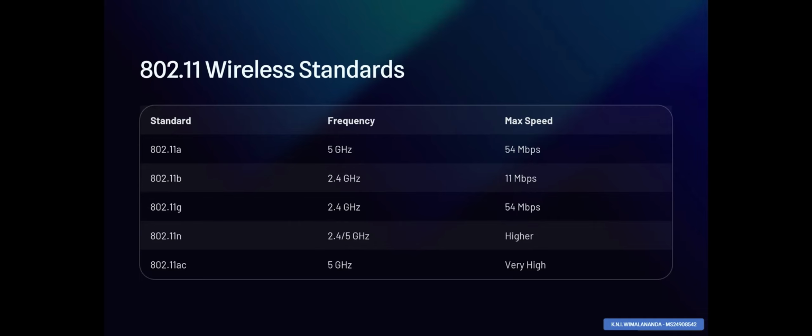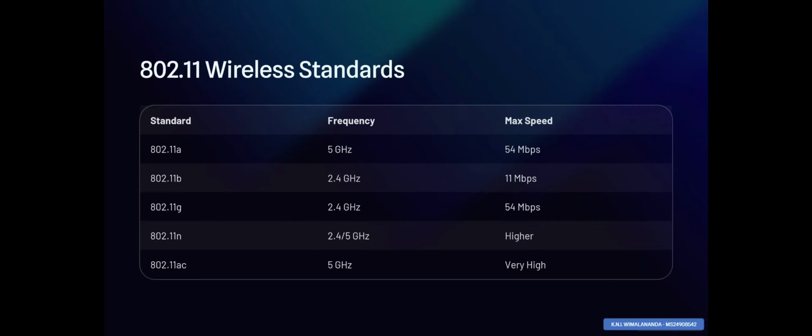802.11b uses the 2.4 GHz band with speeds up to 11 megabits per second. And then 802.11g also uses the 2.4 GHz band but increased speeds to 54 megabits per second. 802.11n operates in both bands and introduced MIMO technology for higher throughput.